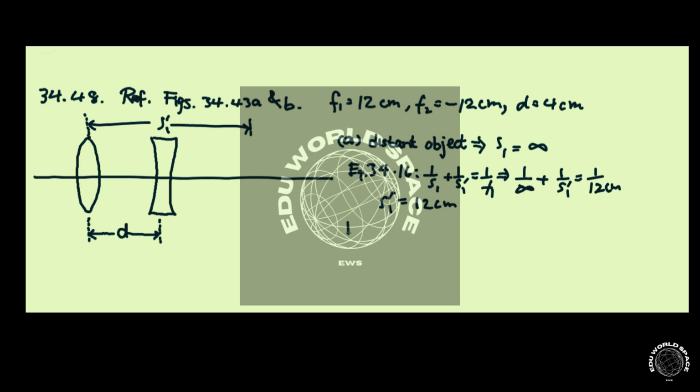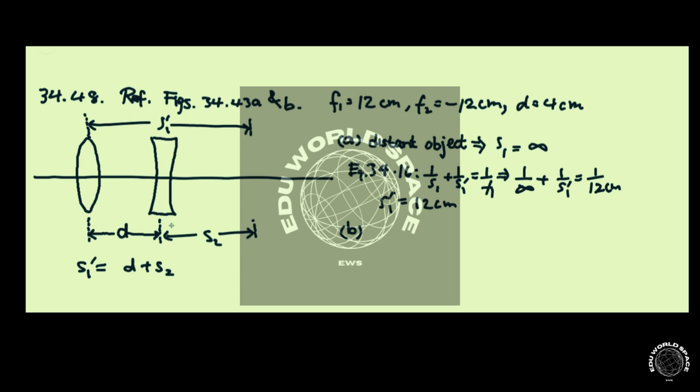And now in part B, we have to determine the image of the diverging lens. Notice right away that if this is S1 primed and this is D, and this serves as the object for the second lens, then the object is S2, and we see that S1 primed is D plus S2, right?